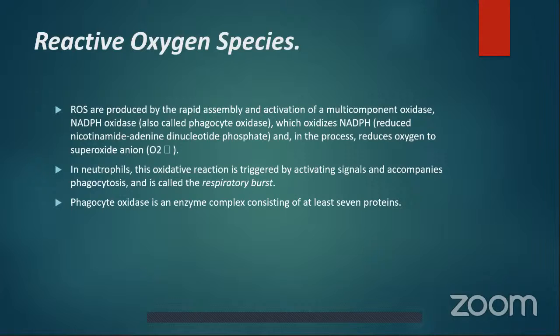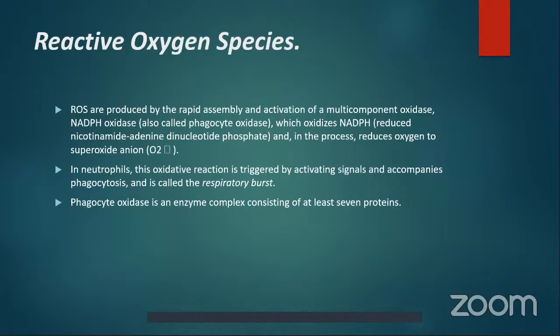Now, in the neutrophil, this oxidative reaction is triggered by activating signals and accompanies phagocytosis, and it is called the respiratory burst. This is a very important step in the killing of the microbe, the respiratory burst, which is basically the release of the superoxide anion.